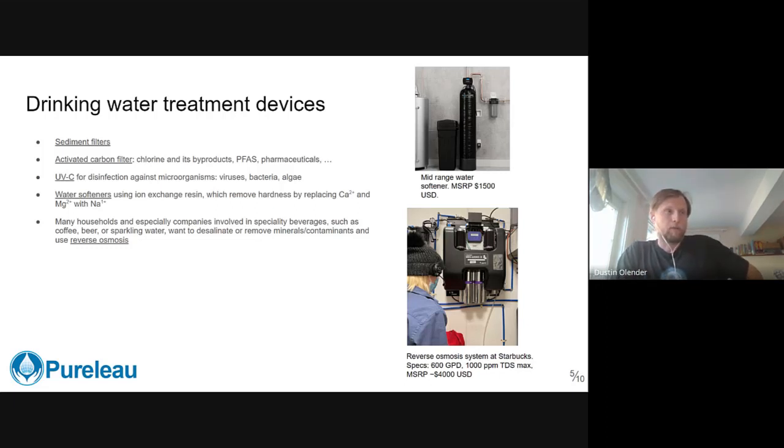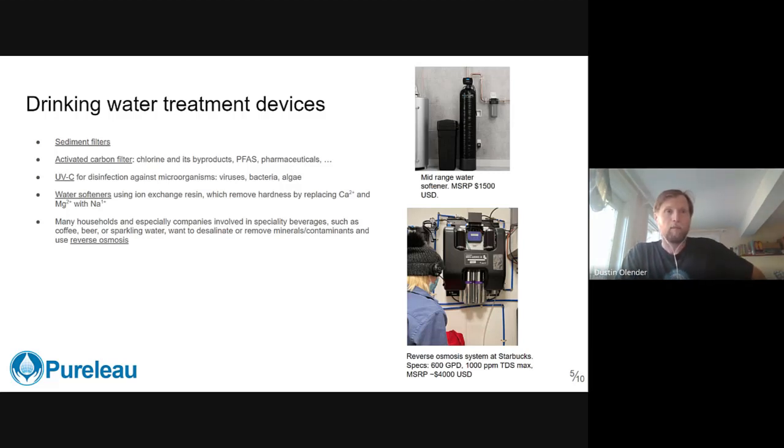Now, if you actually need to desalinate your water, you could be wanting to do that for a number of reasons. One, you've got a brackish well, and you just want to get the water down to something drinkable.